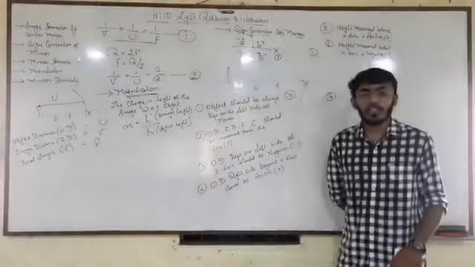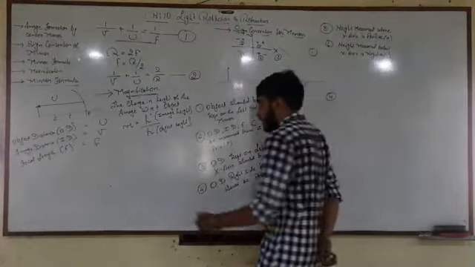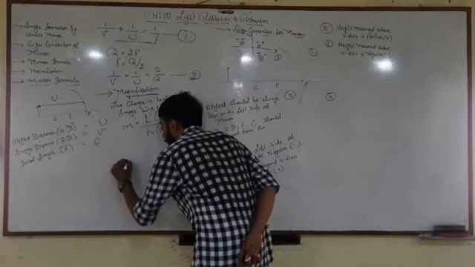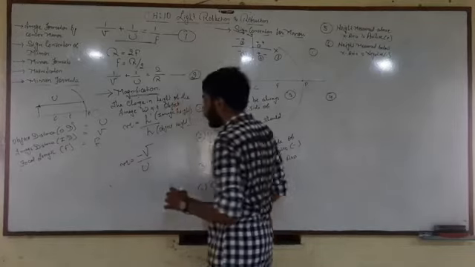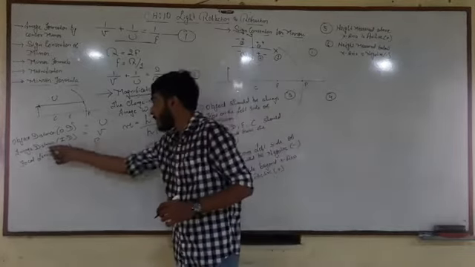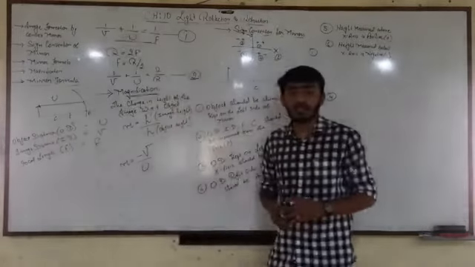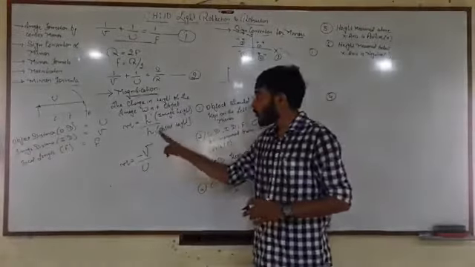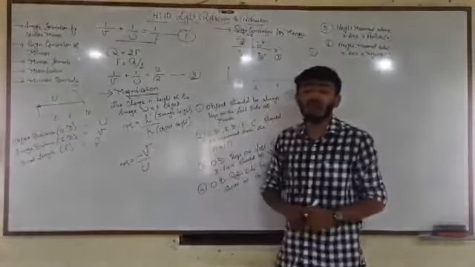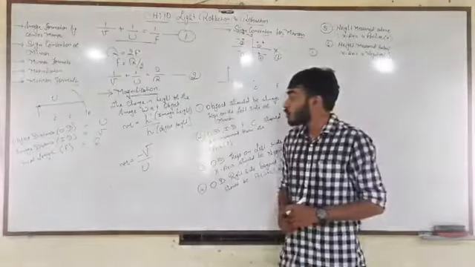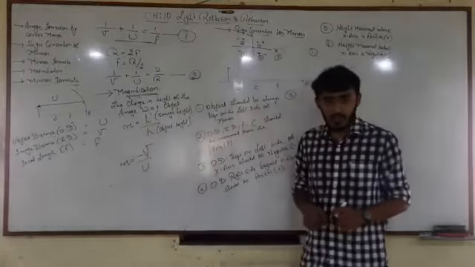M is equal to H prime upon H. One more formula we have for M is minus V upon U. You know, students, what is V? That is image distance. You know what is U? That is object distance. So there are two formulas for magnification: one is H prime upon H, another is minus V upon U.